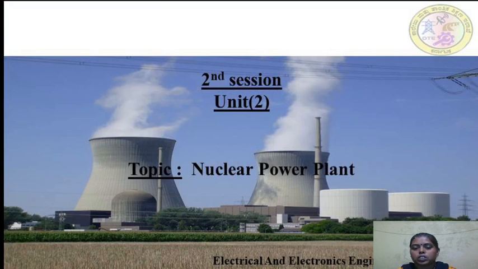So this is the second session on the nuclear power plant. In the first session we discussed the basic working diagram of a nuclear power plant, their schematic diagram and function of each component, the site selection factors required for a nuclear power plant, and the multiple choice questions of the basic nuclear power plants.